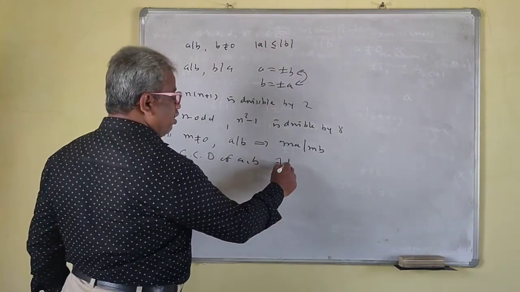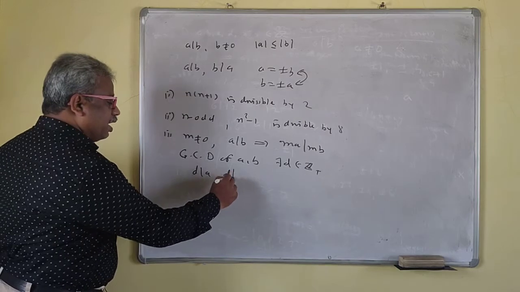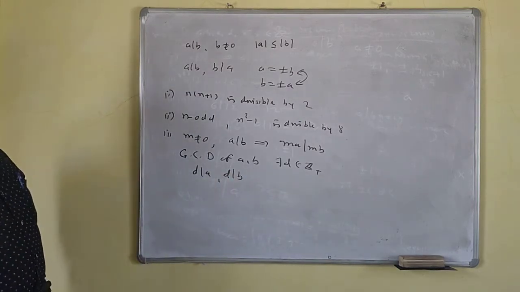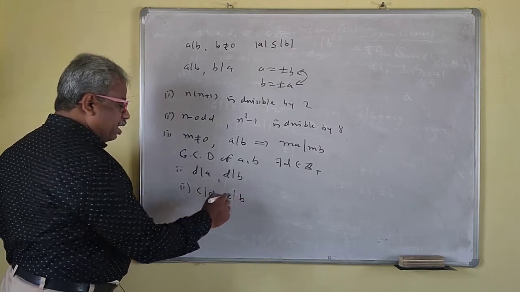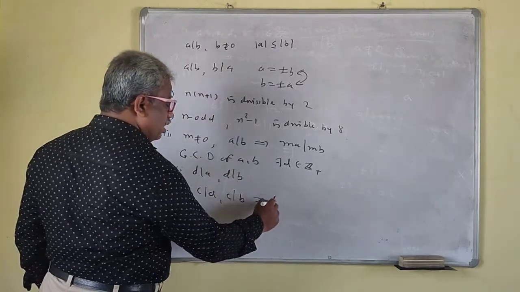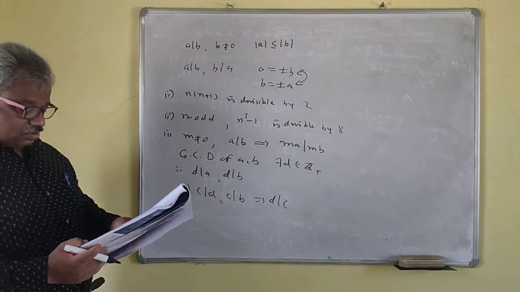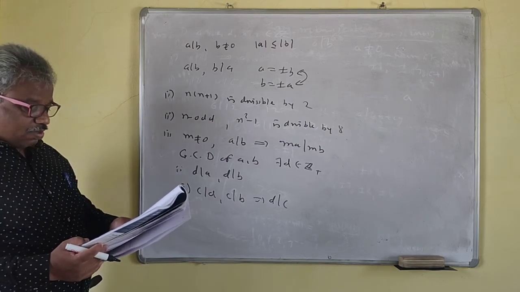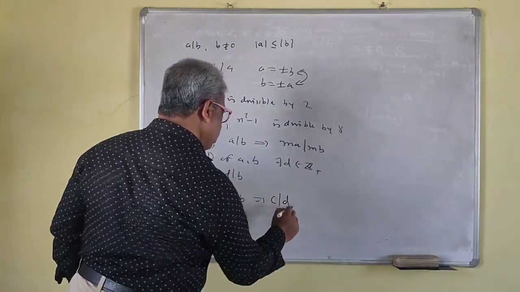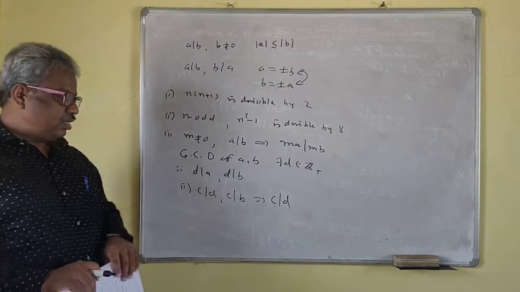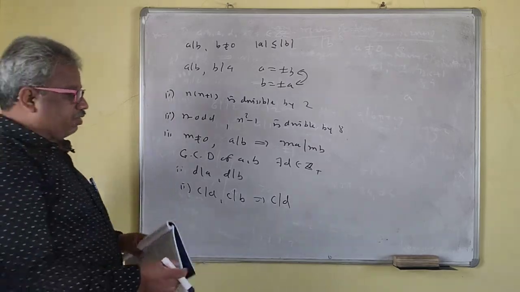That means there exists D belonging to Z plus, positive, such that D divides A and D divides B. D divides both, so D is a common divisor of A and B. Then if C divides A and C divides B, meaning any common divisor, this implies that C divides D. So D is the greatest common divisor; any common divisor also divides D. This is the definition of the GCD.